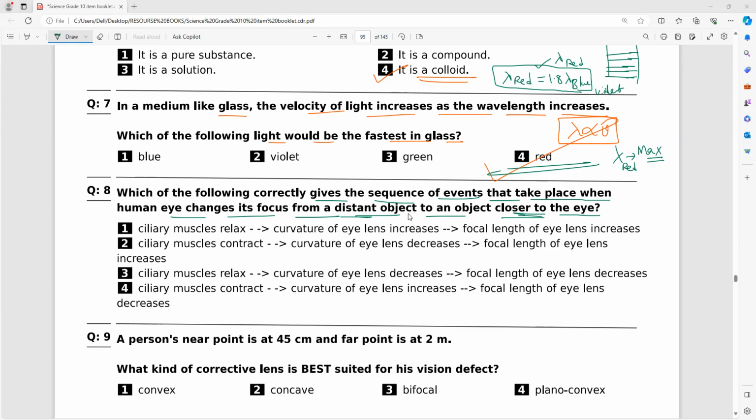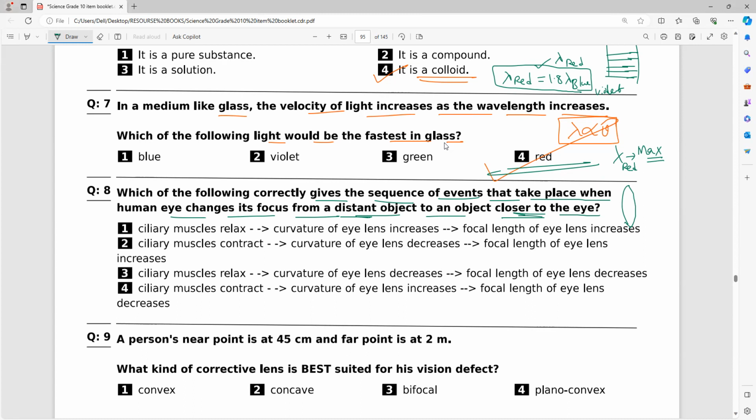High power. So the ciliary muscles need to contract or relax? First thing, contract. The ciliary muscles must contract, and the curvature of the lens increases. The lens becomes thicker, meaning curvature increases.